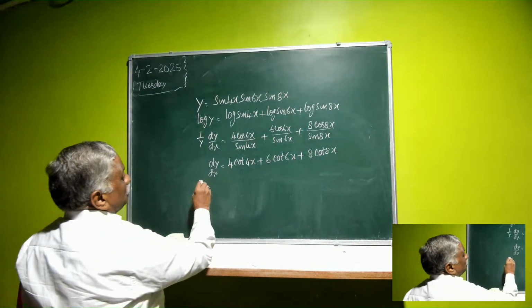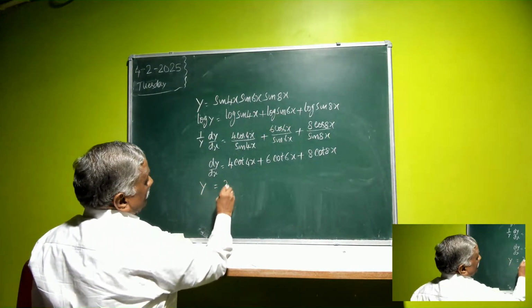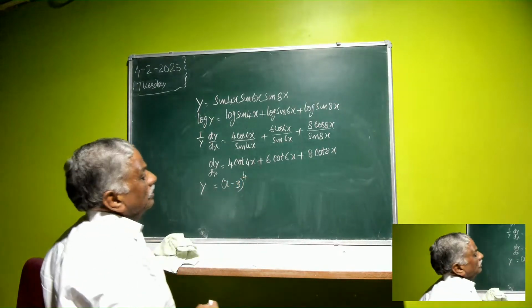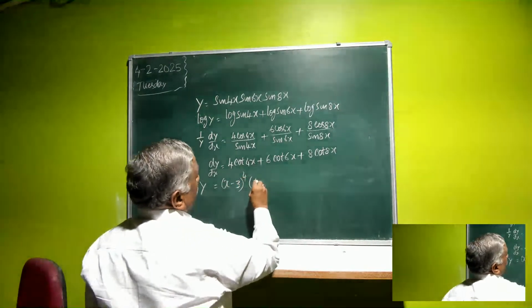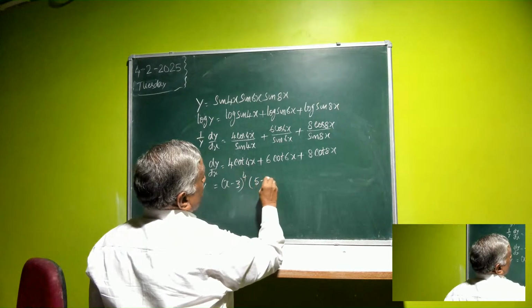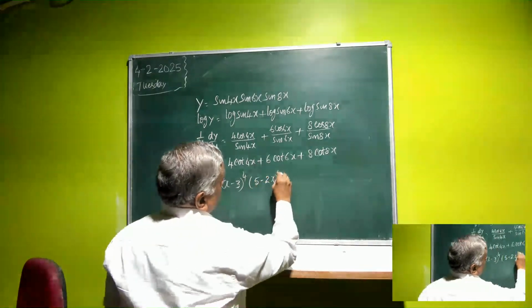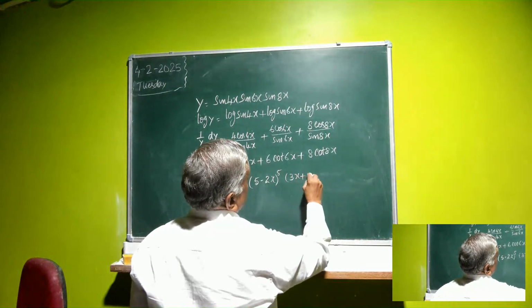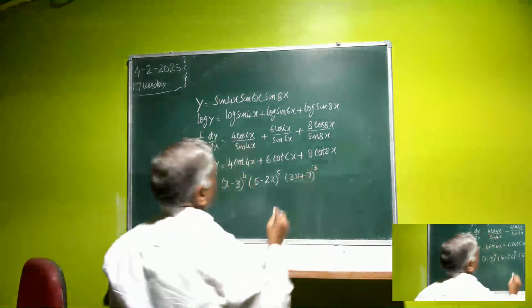I'll take one more problem. y is equal to x minus 3 to the power of 4 into 5 minus 2x to the power of 5 into 3x plus 7 to the power of 3.